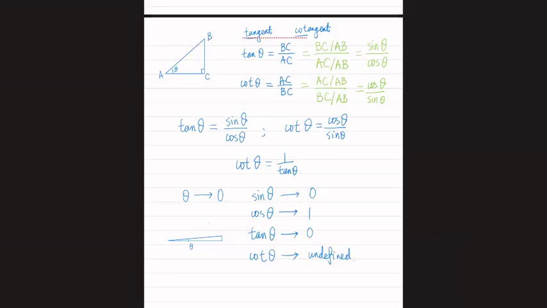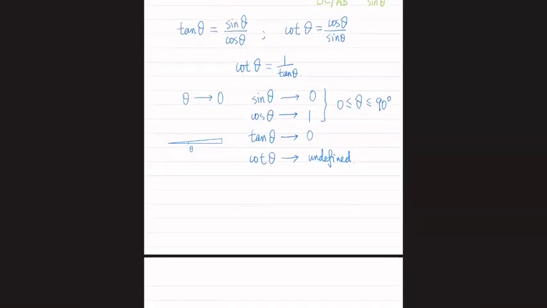So this gives a big difference between these two functions and these two functions. Sine and cosine can both be defined when theta is 0. However, for tangent and cotangent, we need to look at the domains.